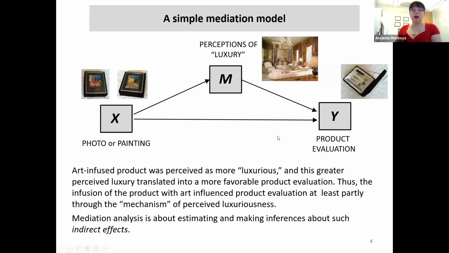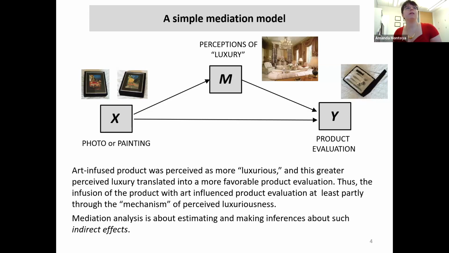So an example of a mediation analysis is getting at this question of why or how, where we might think that, well, maybe by putting a painting on the silverware packaging, that is increasing the perception that this item is a luxury good, meaning that it's not really necessary. It's something that is kind of an add-on.